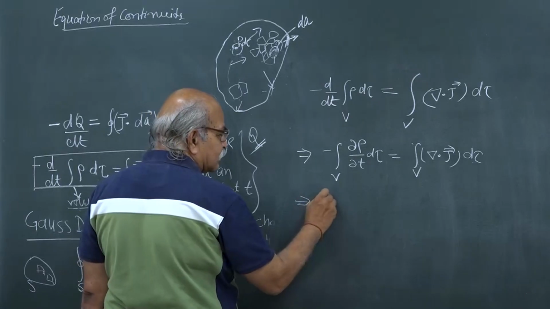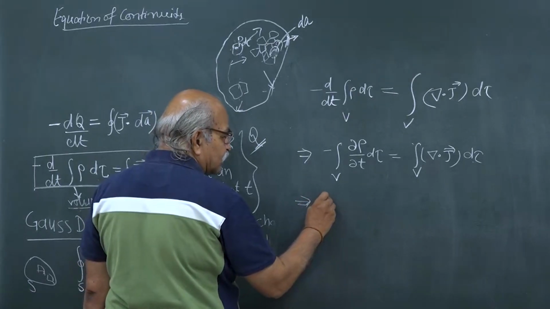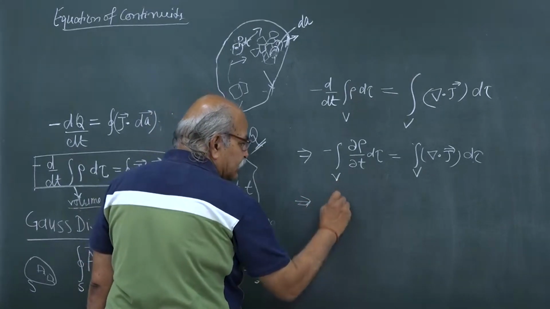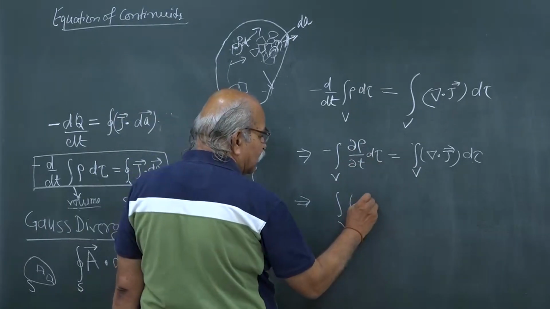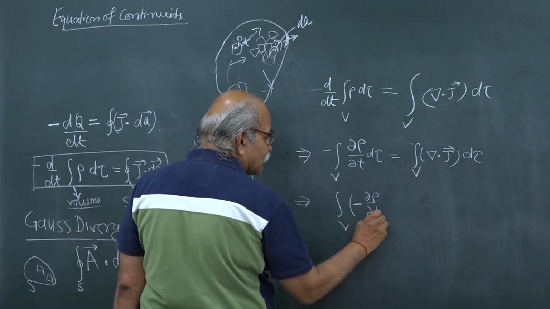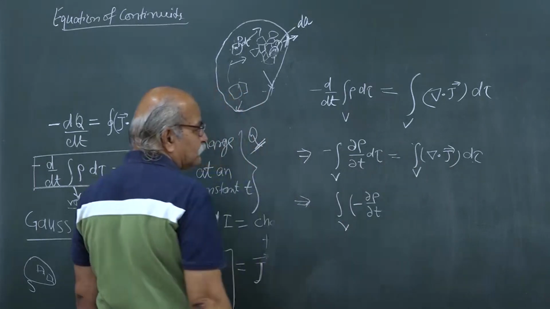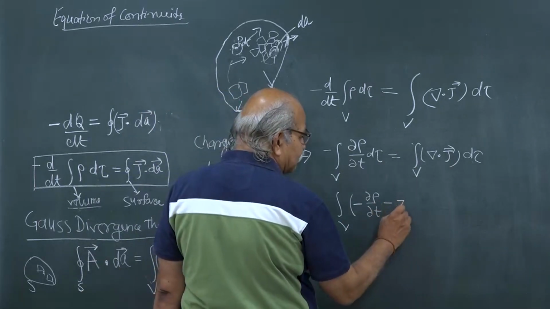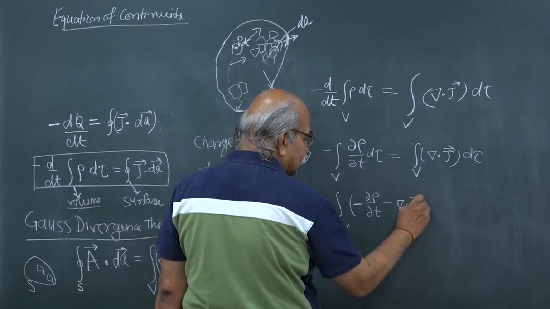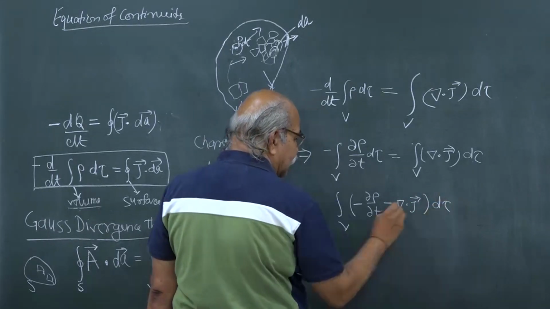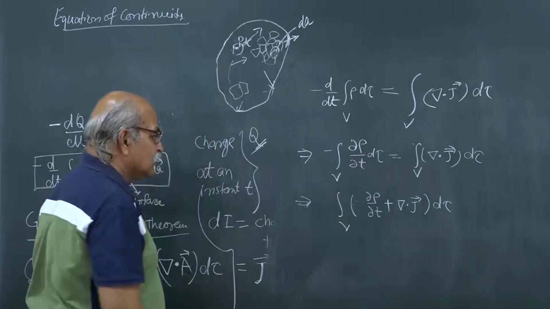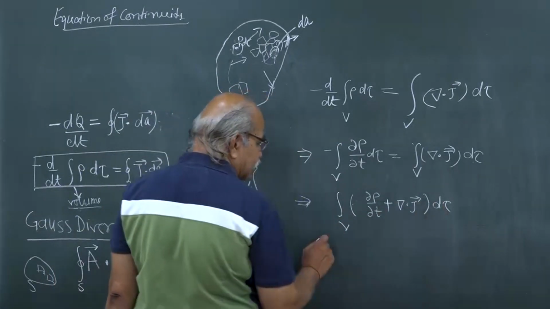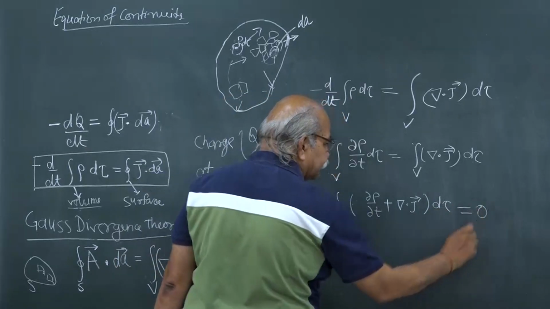So you can write this as the integration over V, if I take everything to this side, of minus del rho del t and minus divergence of J d tau. You can put both pluses here or take this on the other side. So this equation is equal to 0.